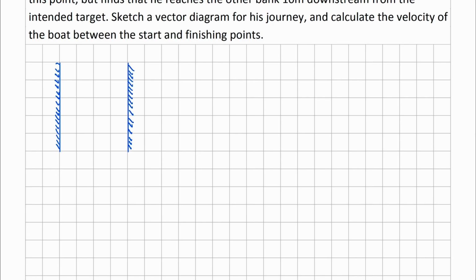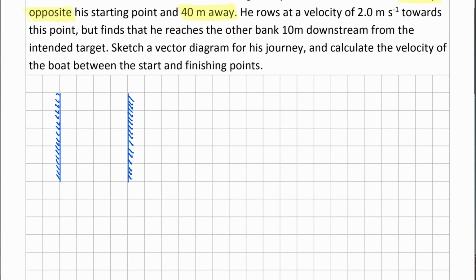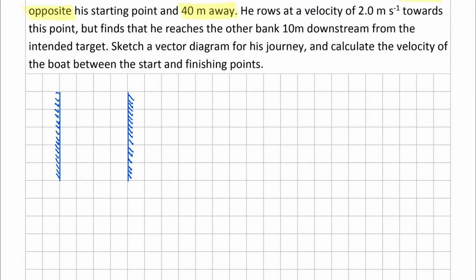Physicists often do that. Okay, so let's continue. As you understand, here we are given 40 meters away, so we have to state the scale. One cell will be 10 meters.